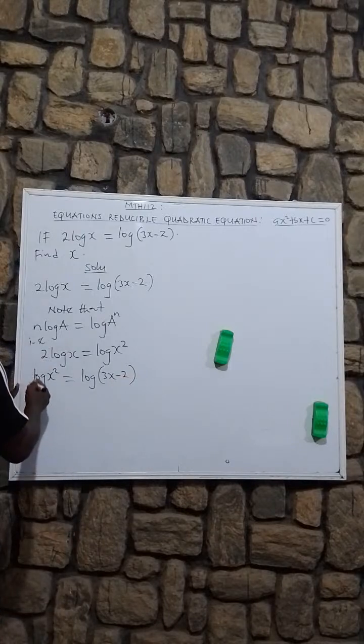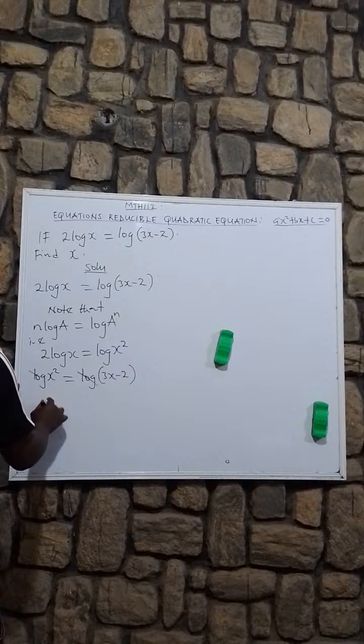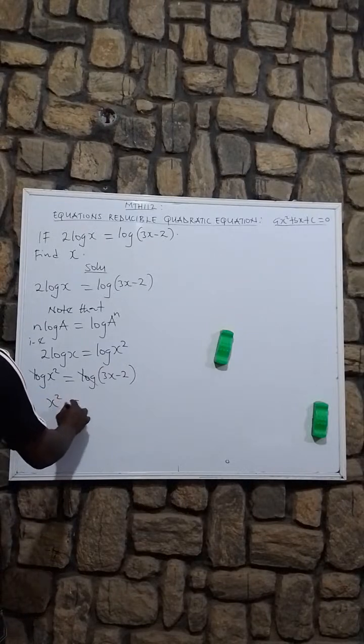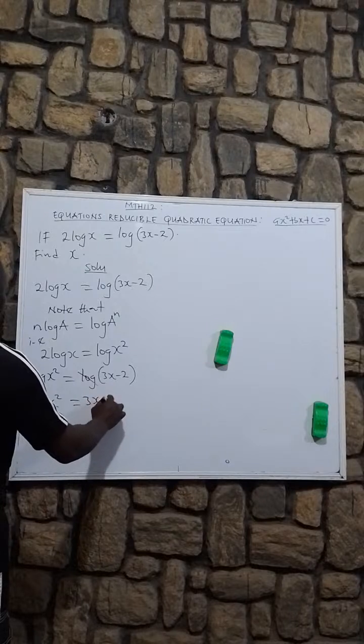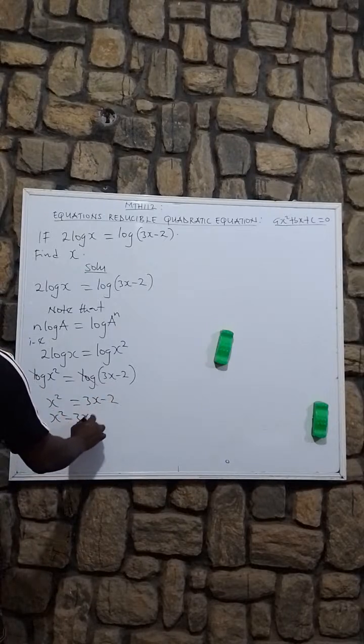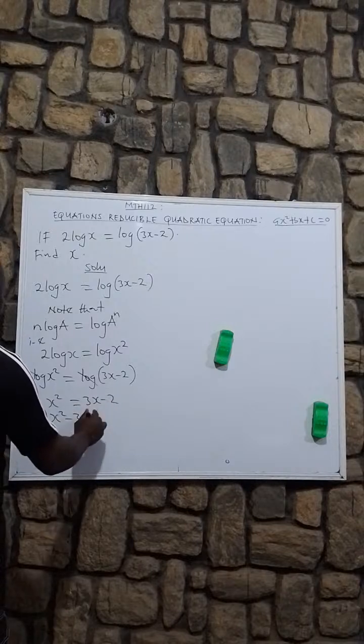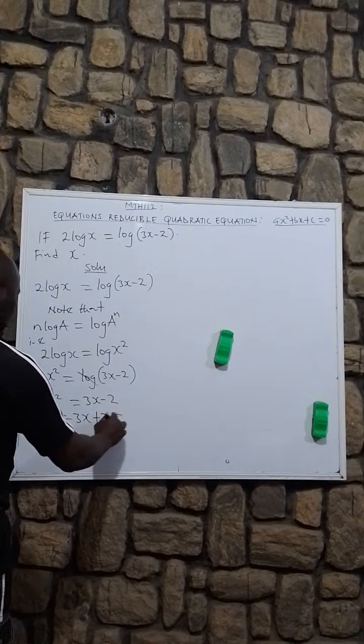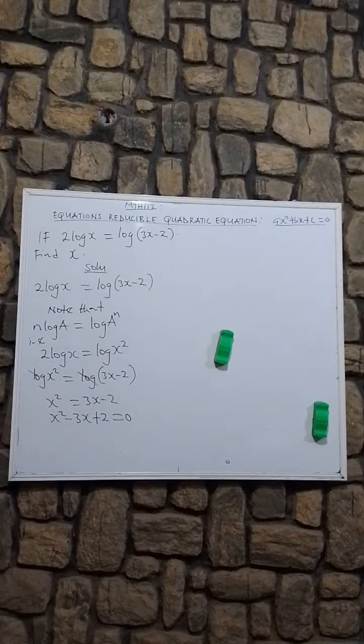Then this and this will go. So this implies that x squared is equal to 3x minus 2. Then x squared minus 3x, crossing the sign of equality, plus 2 equals 0. You can now see that this is a quadratic equation, true or false? This is a quadratic equation.